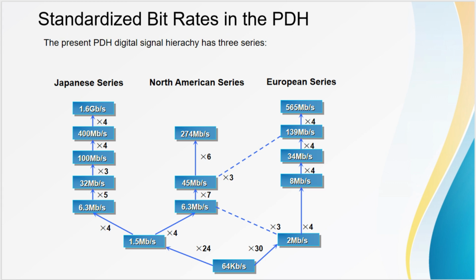Although it had a different capacity, 32 digital channels of 64 kbps, the resulting signal was transmitted at 2 megabits per second, and its format was called E1, which was standardized by the ITU-T and adopted worldwide except in the US, Canada, and Japan.